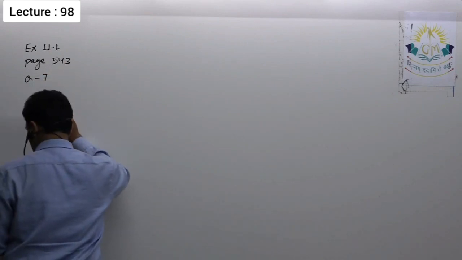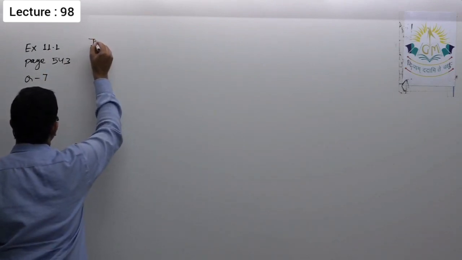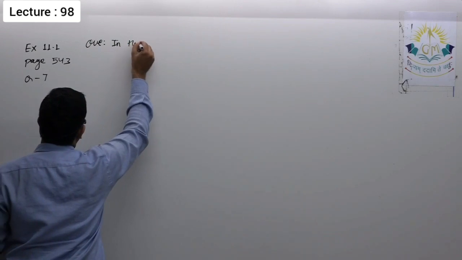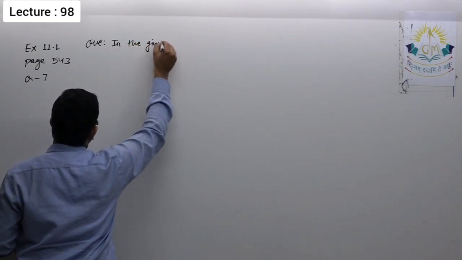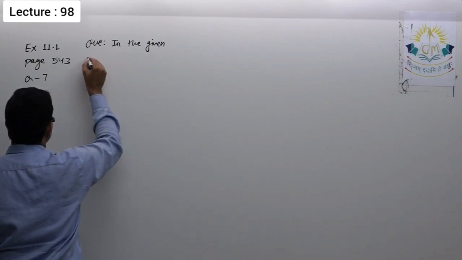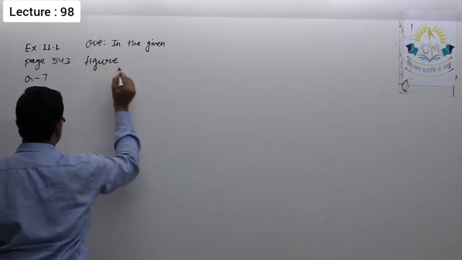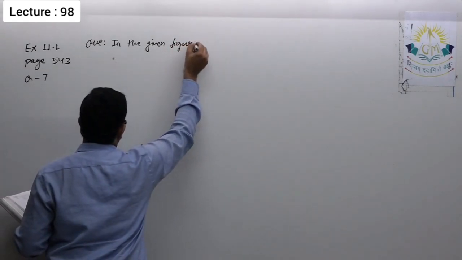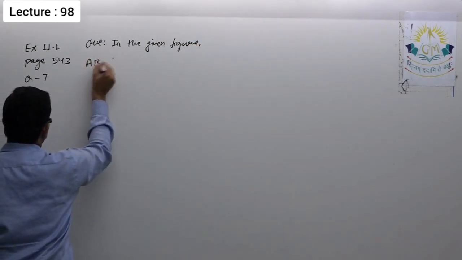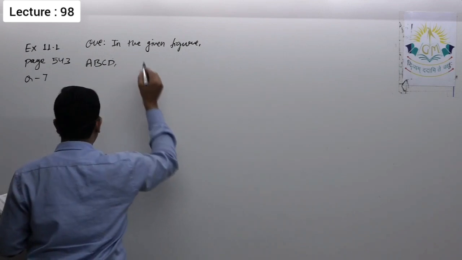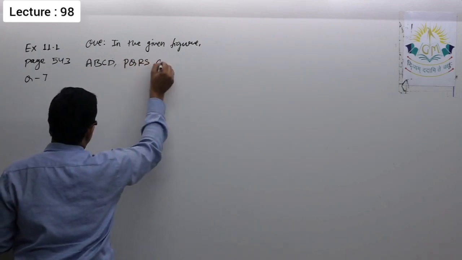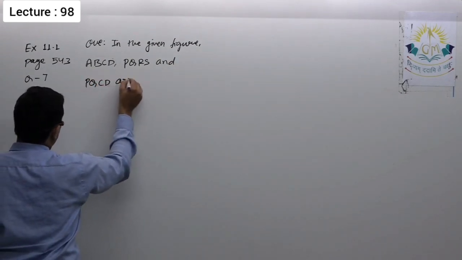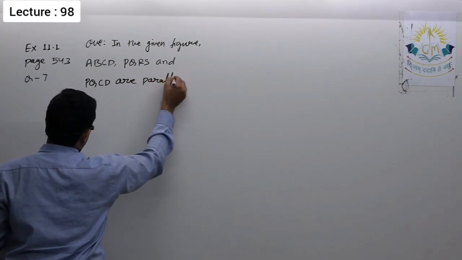In the given figure, ABCD, PQRS, and PQCD are parallelograms.